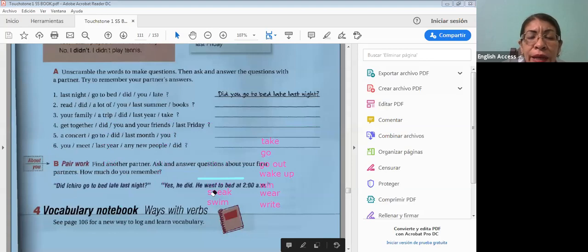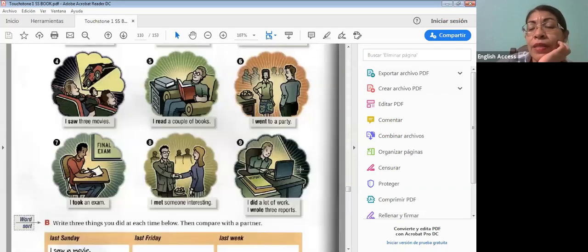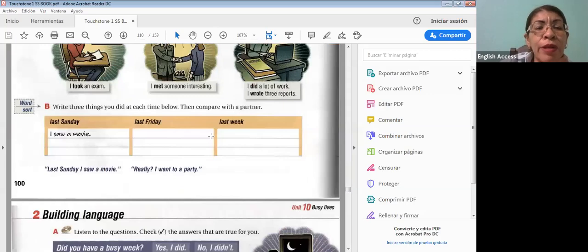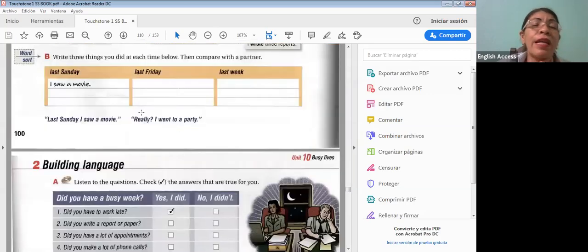Okay, guys, well, today we worked with lesson B. In lesson B, we started with the irregular verbs in past. We also practiced asking information questions like, what did you do last Sunday? What did you do last Friday?